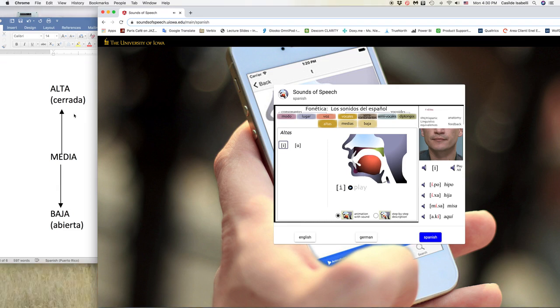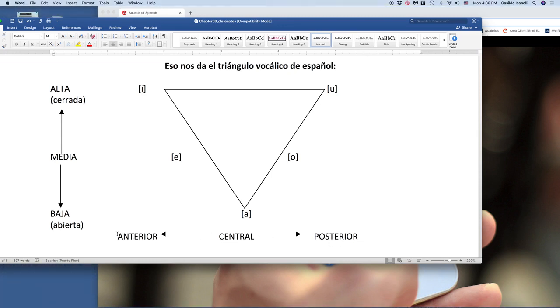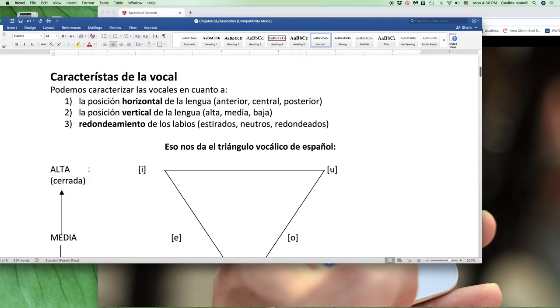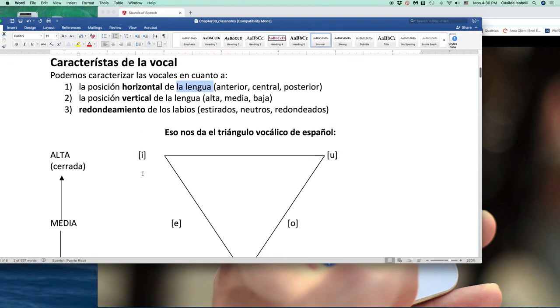And what you can see also for our class notes is what's going on with our tongue. Posición horizontal y posición vertical. What we see is the position of the tongue with these horizontal and vertical positions.